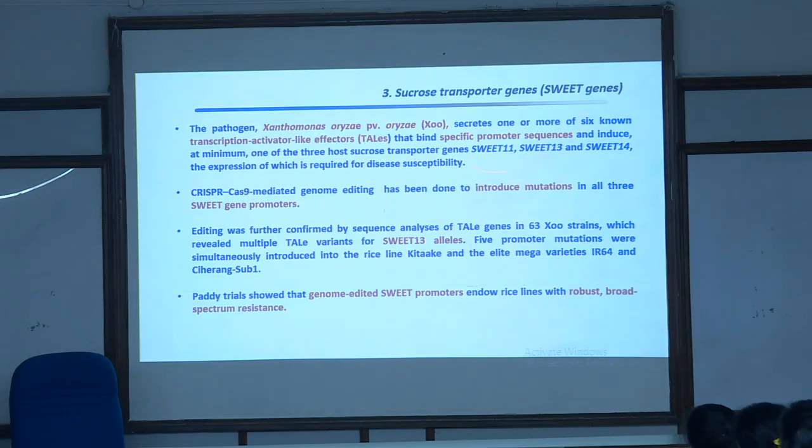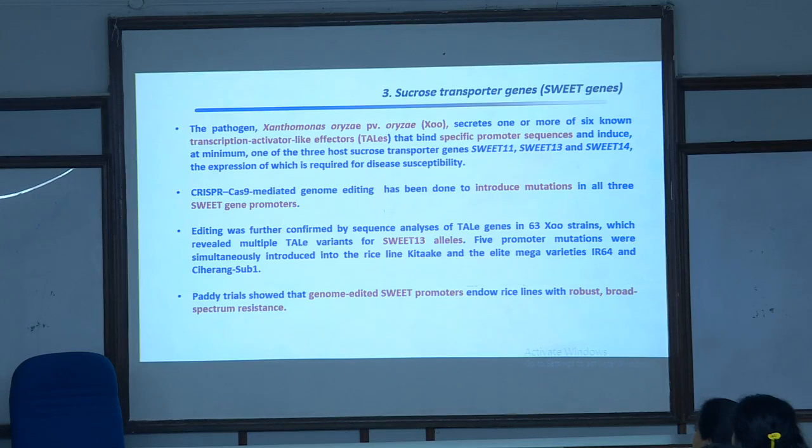There are 3 genes well documented: SWEET11, 13, and 14, and people have touched those genes. CRISPR-Cas9 mediated genome editing has been done to induce mutations in all 3 SWEET gene promoters. Remember, they have touched the promoter region, and editing was further confirmed by sequence analysis.